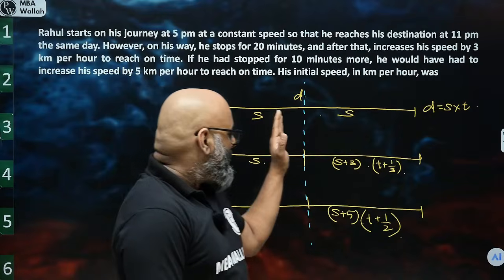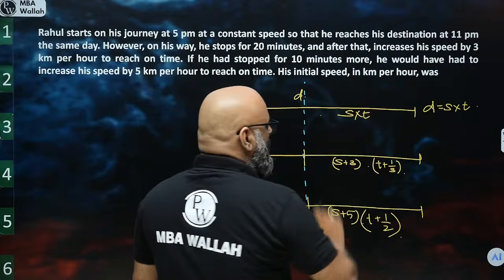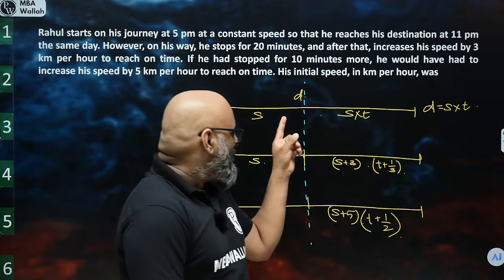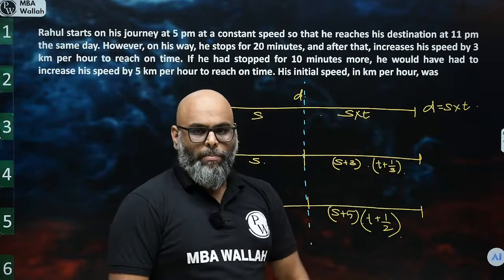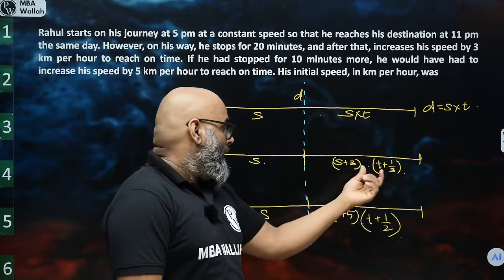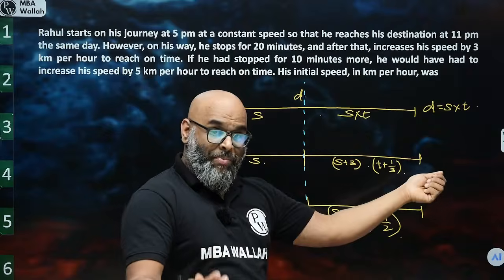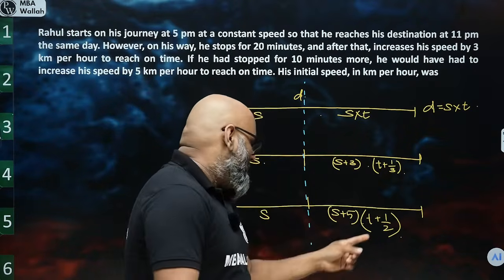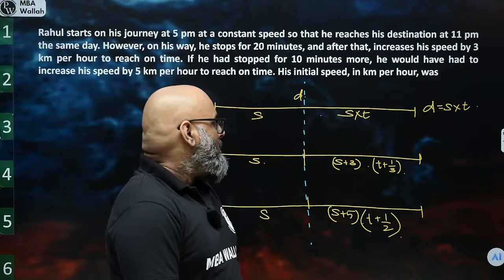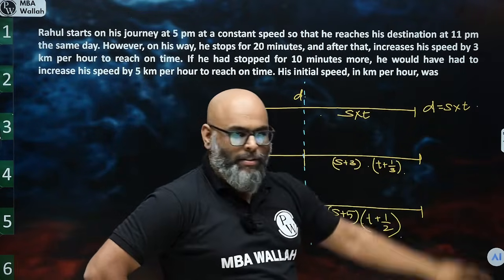So for this distance, he takes his usual time, whatever time was designed to be completed here. Here he takes 20 more minutes, which he is resting. Same case over here.